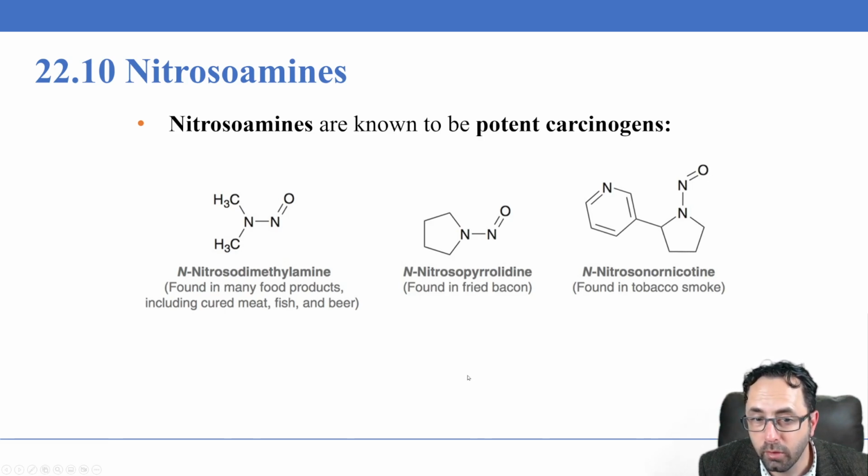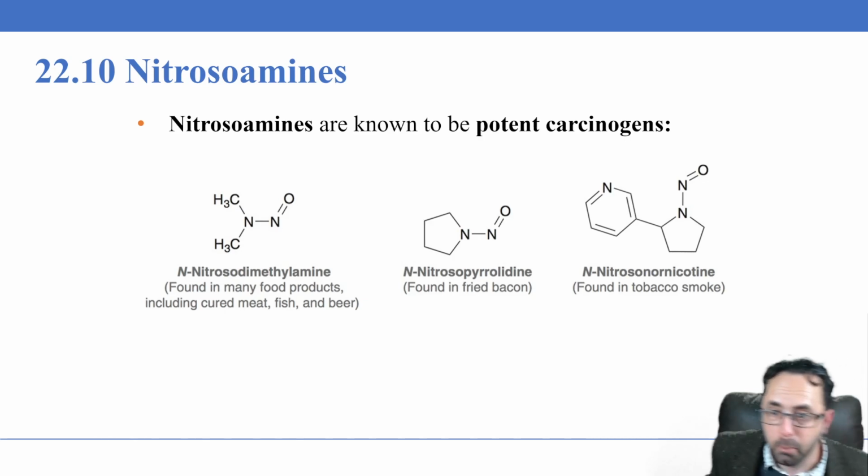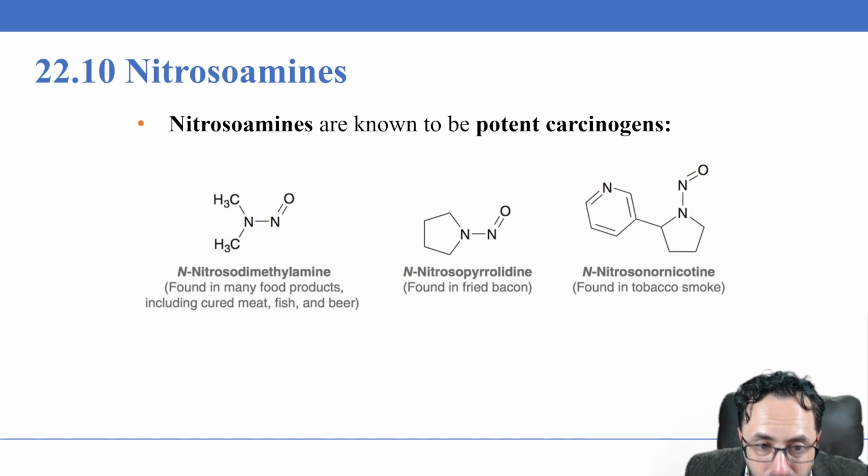Nitrosamines, when they are produced, are known to be quite potent carcinogens, but they do exist here and there in foods that we consider unhealthy, right? So N-nitrosyl-diethylamine can be found in cured meats. These cured meats are treated with nitrates. And that's why.